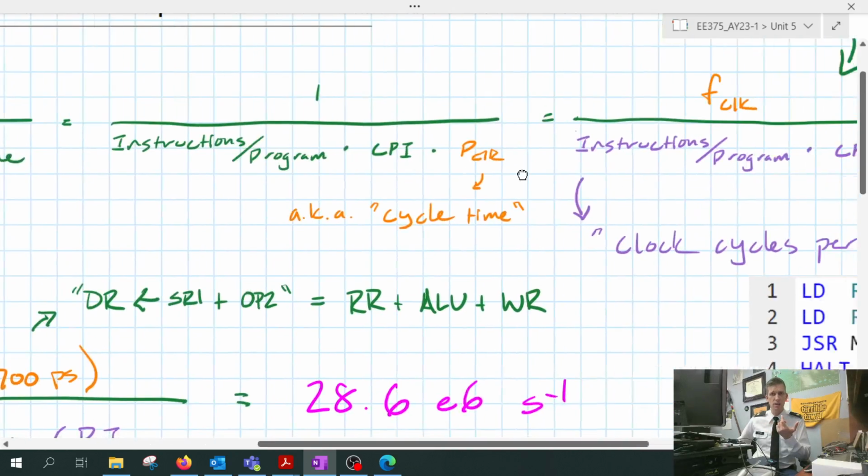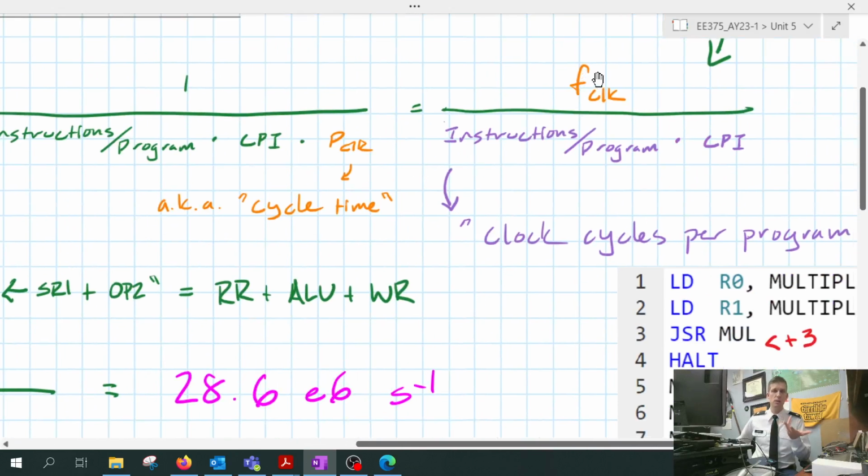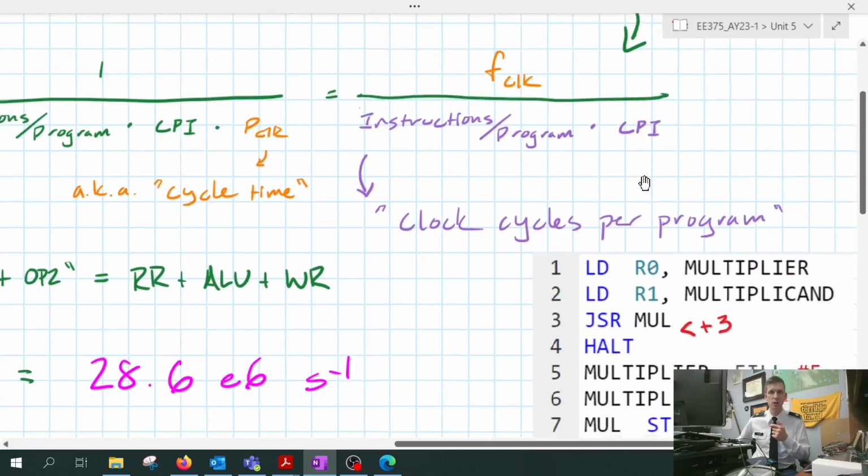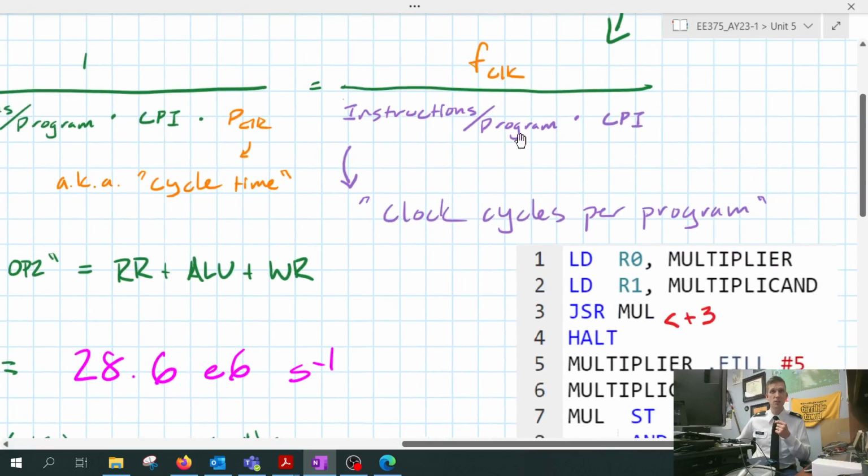The period of the clock can also be described as the frequency. We can put that in the denominator if that's the case. And I think it's interesting to note that the 2 terms left here, instructions per program times clock cycles per instruction, are effectively a measure of the total number of clock cycles that it takes to run our program. We'll use that simplification here in a second when we compute performance.